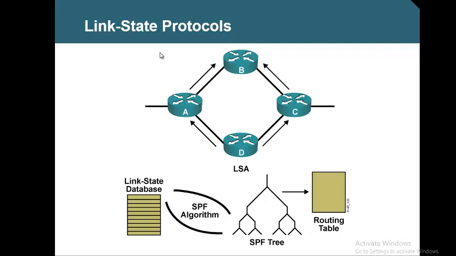Whereas in ISIS and OSPF, every link state is advertised. Very important difference. Not the routing table, but the link state.